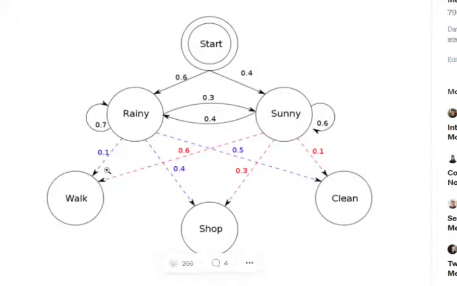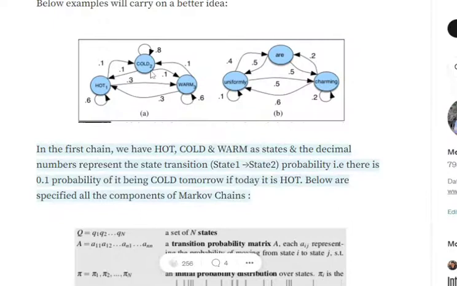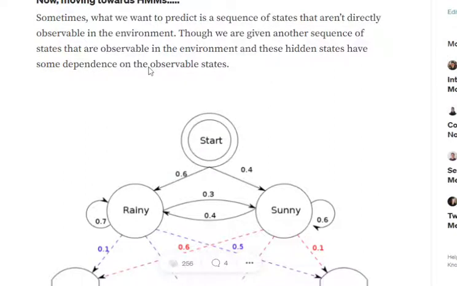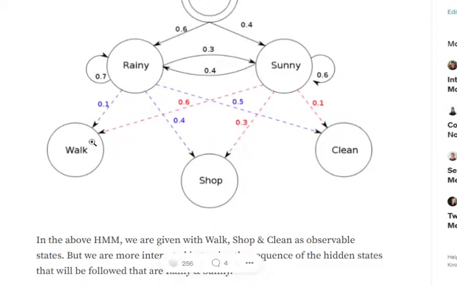But there are hidden states that we are trying to derive from the observable states. In a Markov model, if you remember, we have just the observable states, that is the weather. But in hidden Markov models, we have hidden states that are dependent upon the observable state. Depending upon the weather, we would be going for a walk, and depending upon the weather, we would be going to shop or clean also.